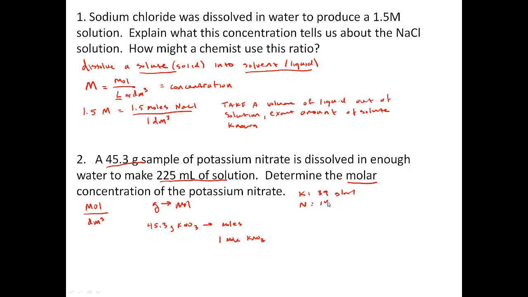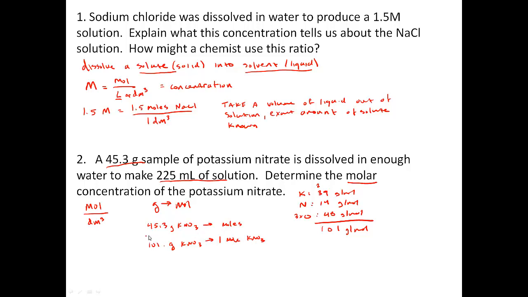Nitrogen is 14 grams per mole. And we got 3 times oxygen, which is 48 grams per mole. So if we add these up, we get 101 grams per mole. So 1 mole of KNO3 is 101 grams.